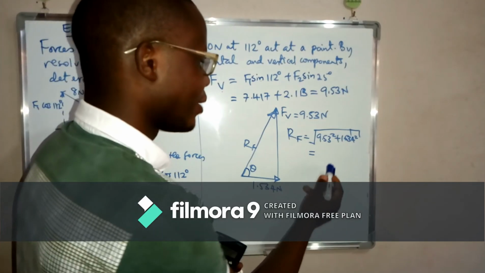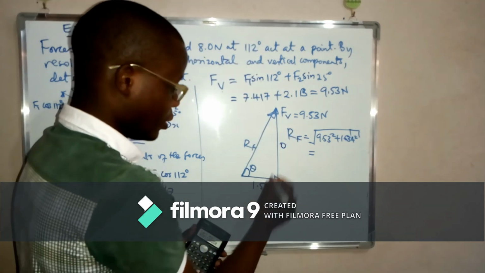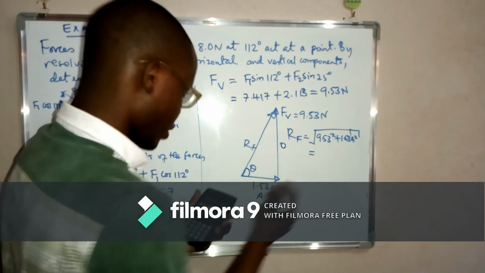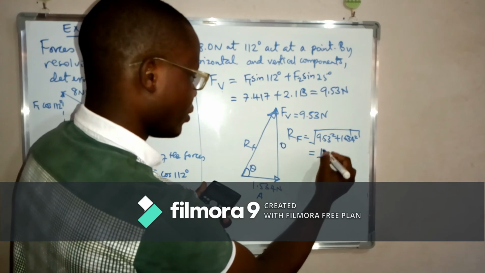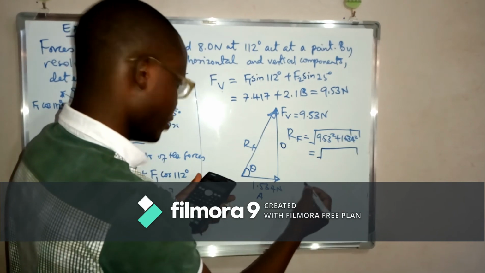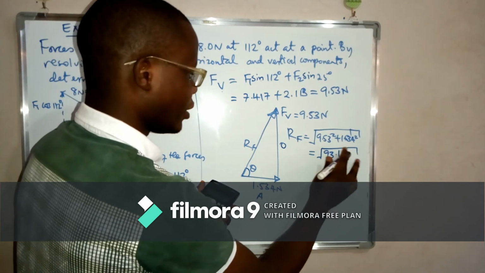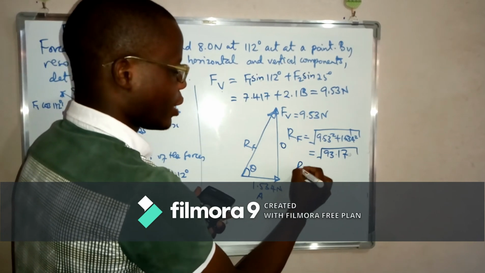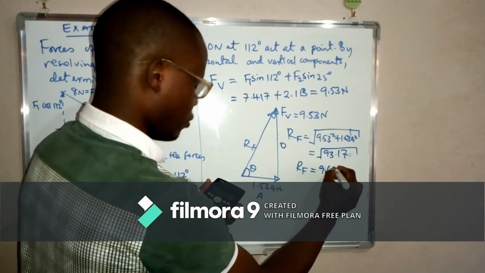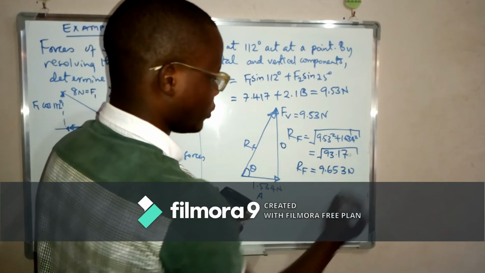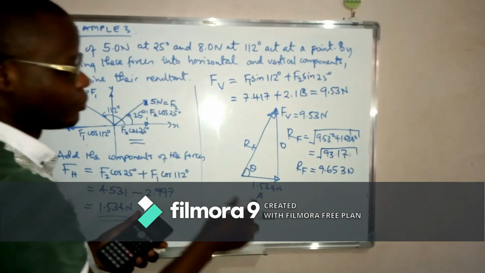We use the Pythagoras theorem, whereby this side is opposite and this side is adjacent. When you work out what is under the square root, we get 93.17. So RF will be 9.653 newtons. That is the magnitude of the resultant force of these two forces.